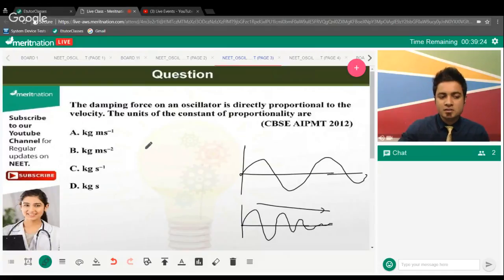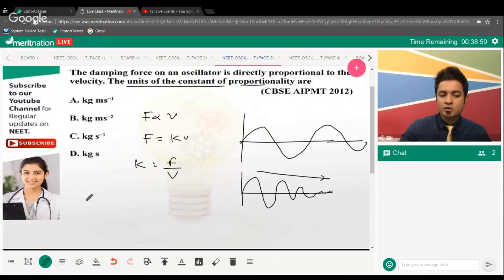So here it says the damping force is directly proportional to the velocity. What you have to do is figure out the unit of the constant of proportionality. Whenever you remove the proportionality sign, you have to introduce a constant, and you need to figure out that constant's dimensions. So F equals kV, and k comes out to be F upon V. What is the dimension of F?